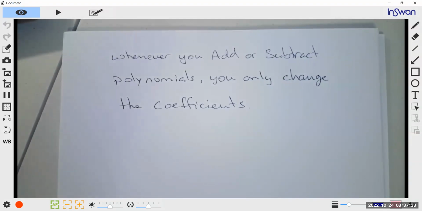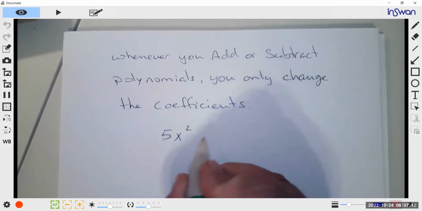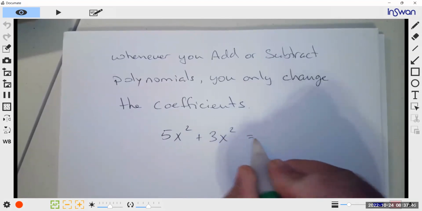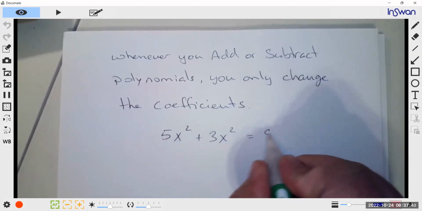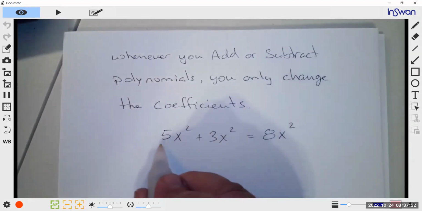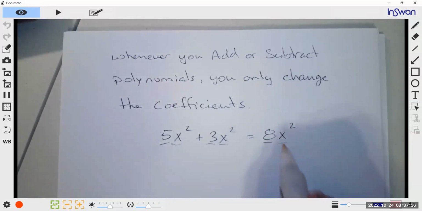It's like apples and oranges. If I had 5x squareds and I added 3 more x squareds, 5 plus 3 is 8, so I have 8x squareds. Whenever you add, you only change the coefficients. You group them by the term.